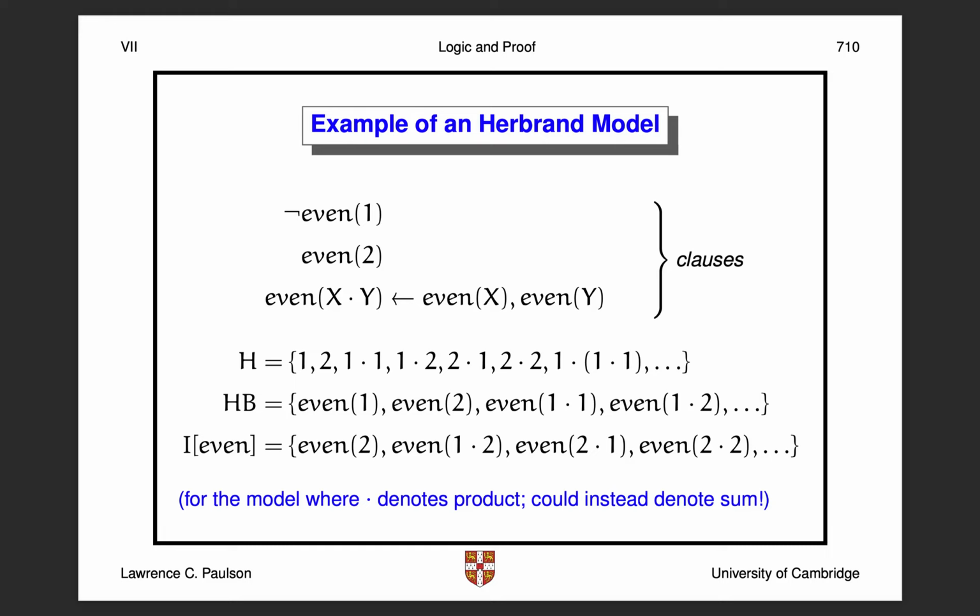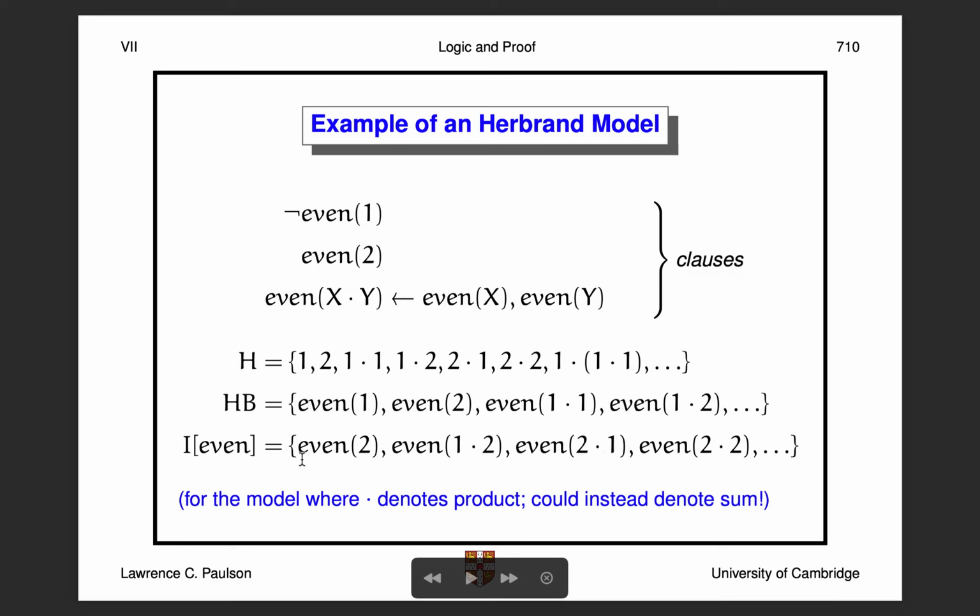And now, if you evaluate these various things on actual integers with actual multiplication, we said, yes, 1 times 2 is equal to 2, and that's an even number. 2 times 2 is equal to 4, and that's an even number. 2 times 1 is an even number, and so on.